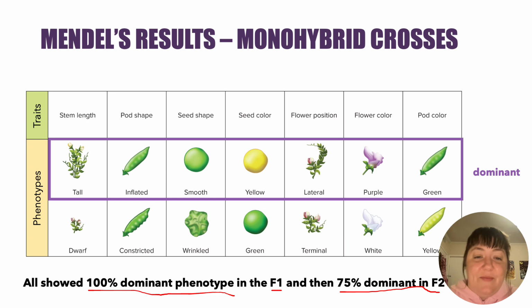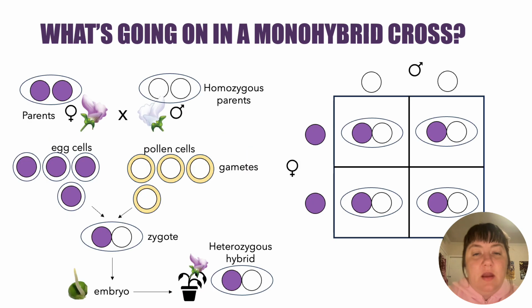So he thought this math was really interesting, and the ratios especially gave a hint as to what was going on underneath the surface. Even though Mendel didn't know about genetics, because it hadn't been invented yet, and there wasn't really an understanding of meiosis either, they did understand that the egg cells in the female parts of the plant and the pollen cells in the male parts were the reproductive part.